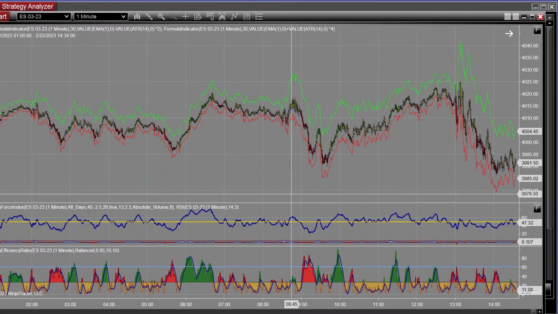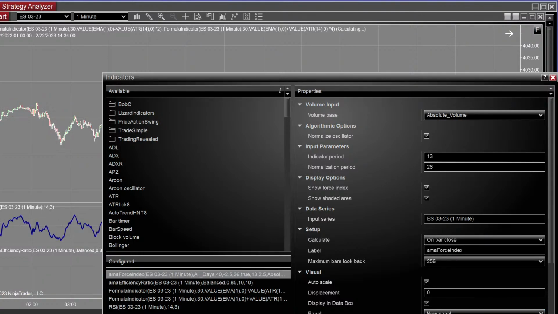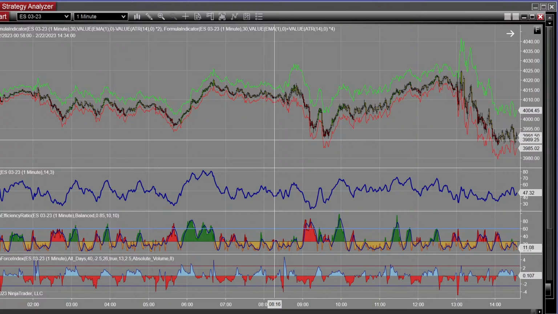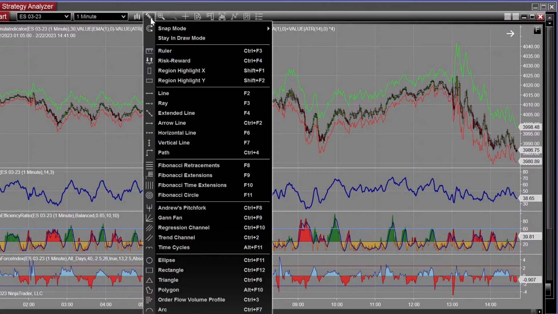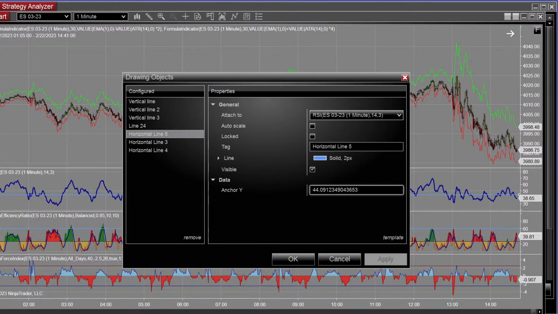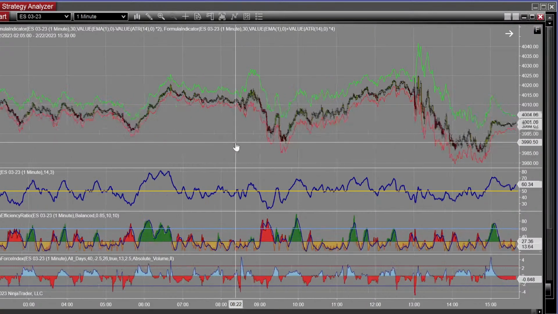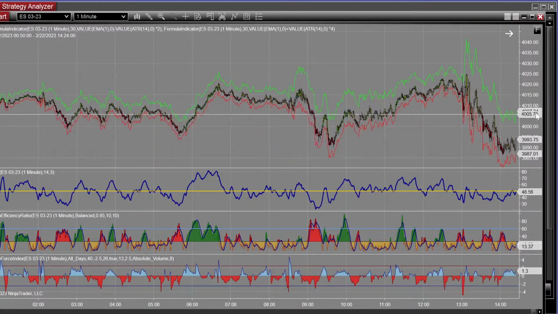Don't know where the force index went. I guess I need to. Let's put the force index on a new panel. Okay, finally.